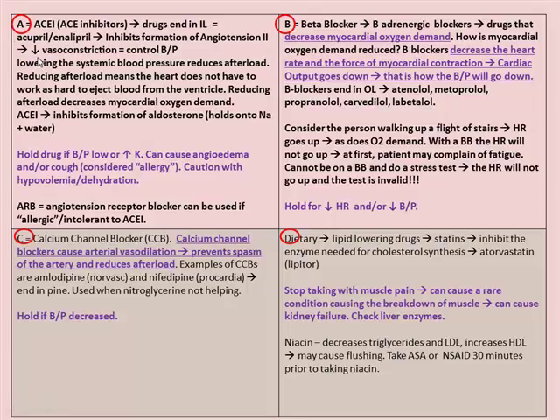Well, angiotensin II does two things. It vasoconstricts. And so what vasoconstriction will do will cause blood pressure to go up, but it also means that if your systemic pressure goes up, that is going to increase the afterload.